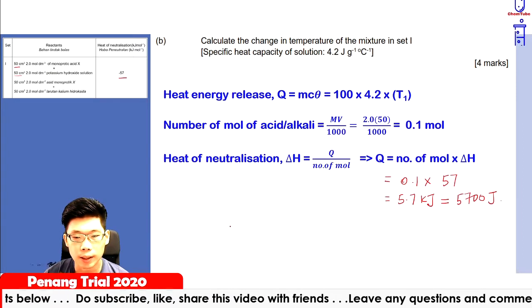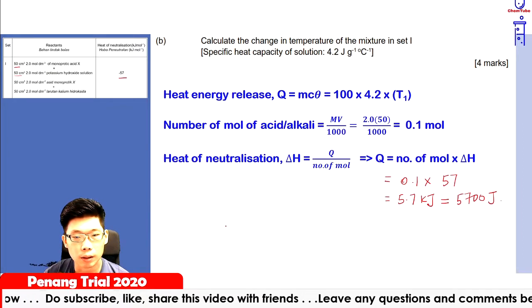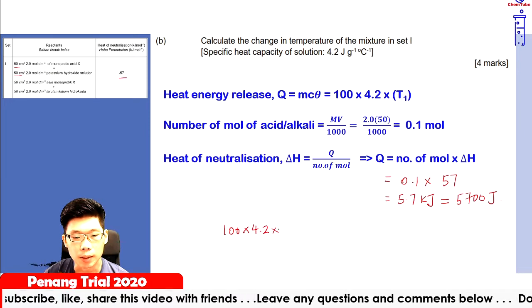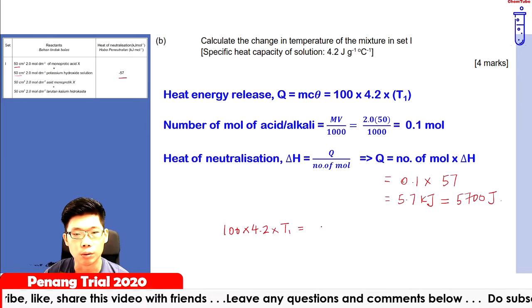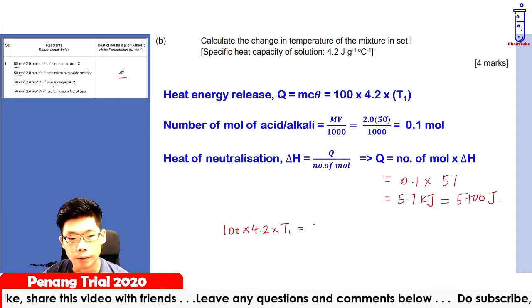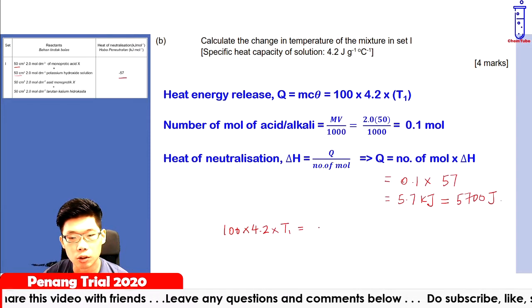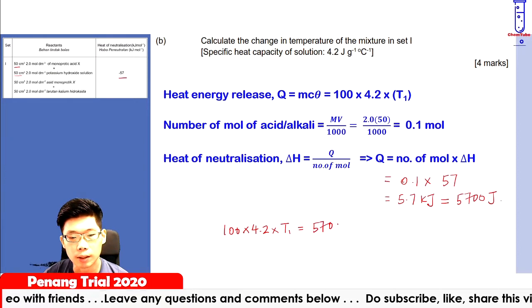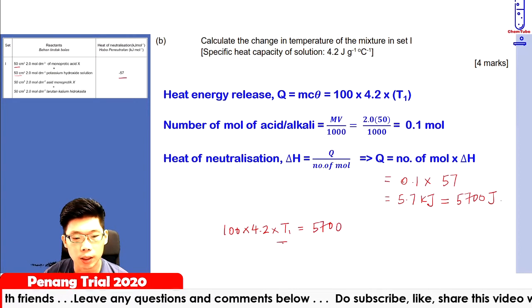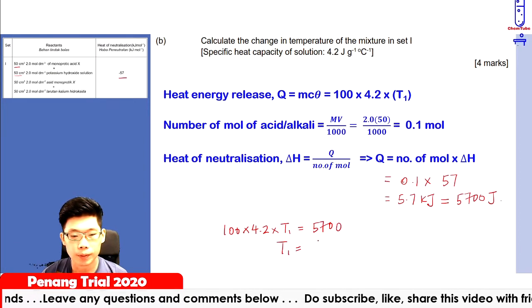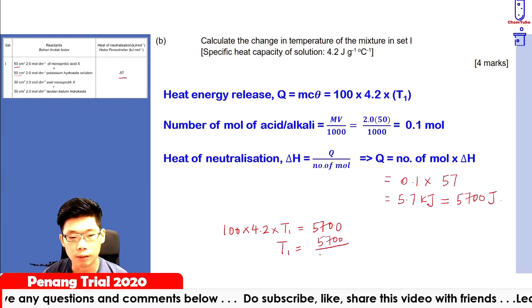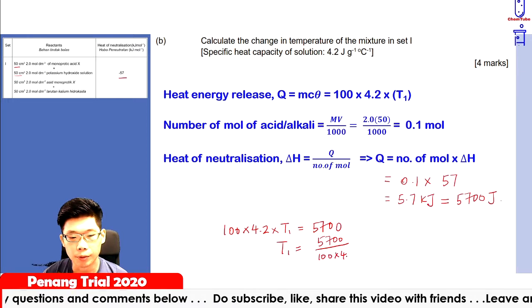Once you get the Q, we can replace it in the heat release formula. So 100 times 4.2 times T1 equals the Q, which is 5700. So T1 is 5700 divided by 420.